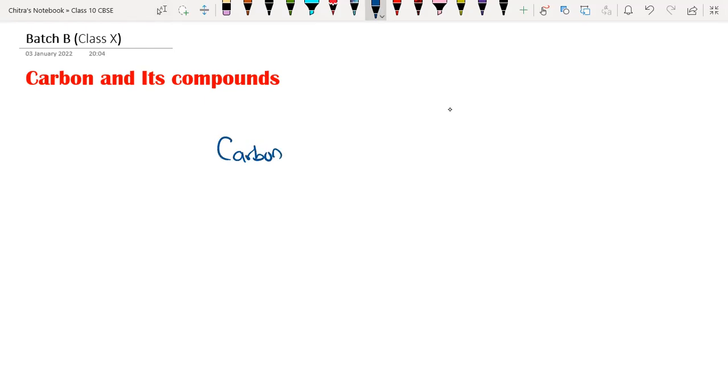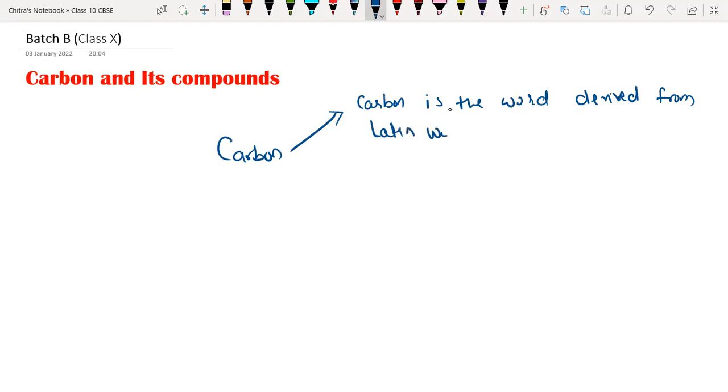Carbon is a word derived from the Latin word called carbo. I'm writing here: general introduction. Carbon is the word derived from the Latin word called carbo, C-A-R-B-O, which means coal.